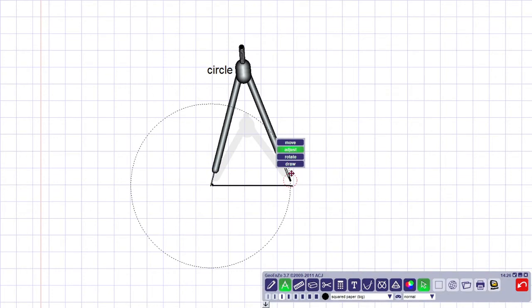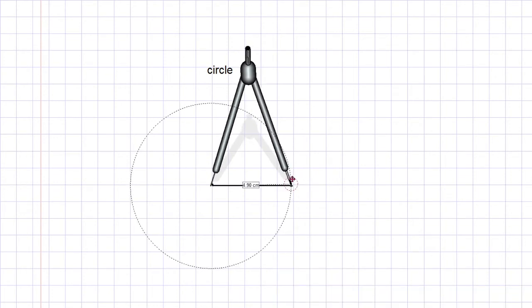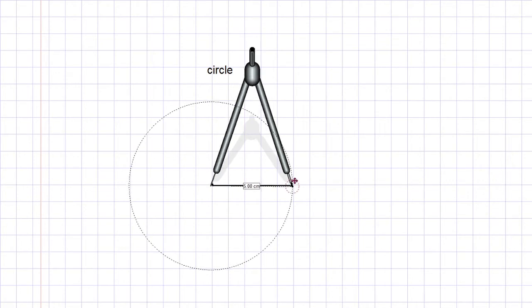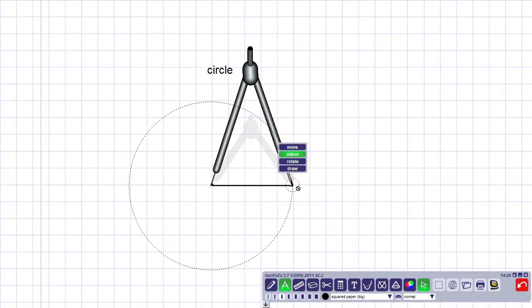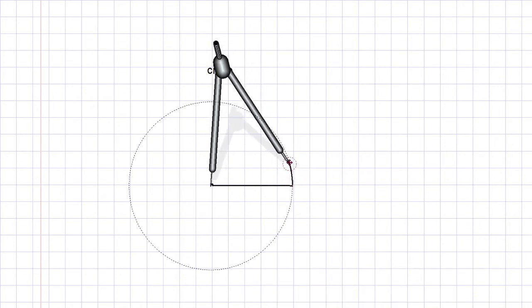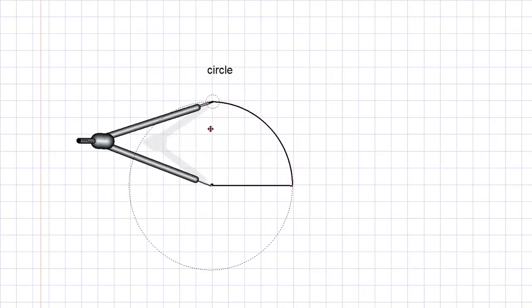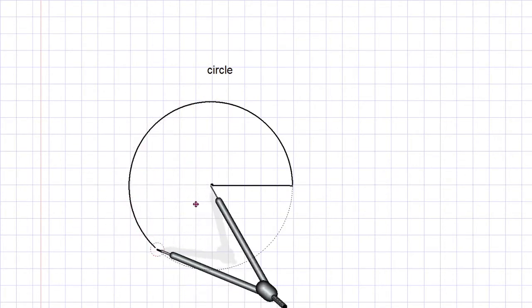I will set the constant distance on the compass. Now the moving point is the tip of the pencil. This is the tip of the pencil, that is the moving point. Let's move that and check what will be the path.